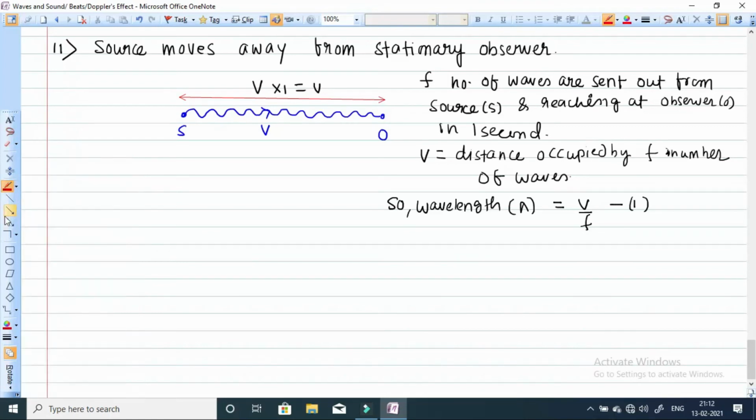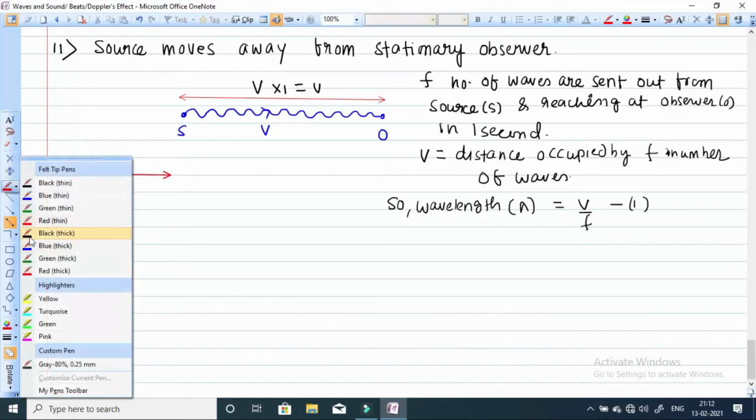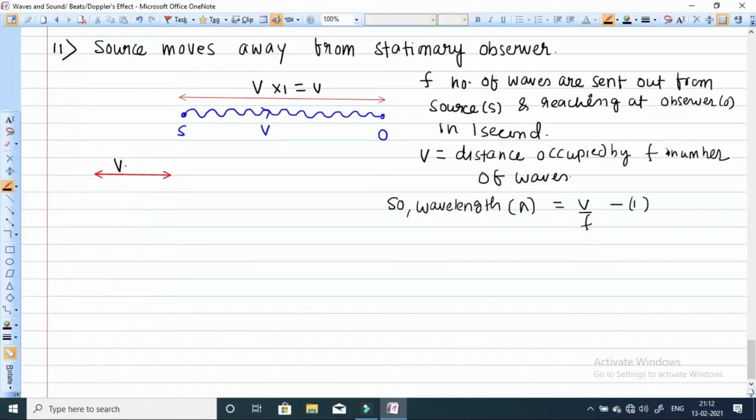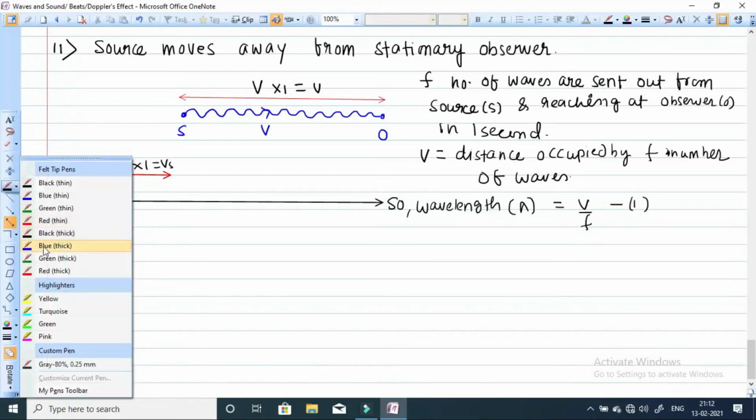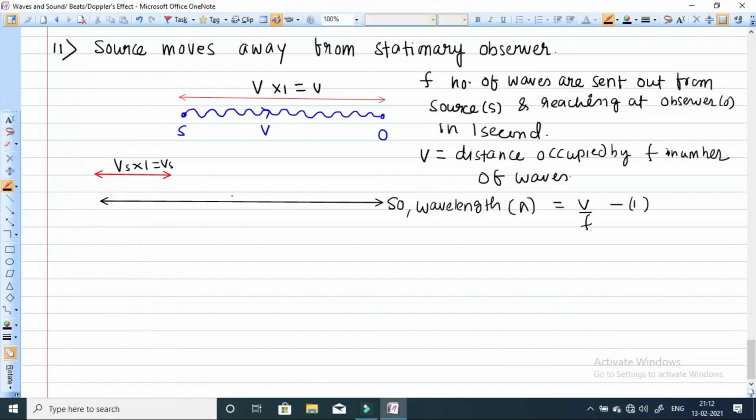In 1 second it moves away a distance Vs. Distance traveled by this source towards the left will be equal to Vs into 1, that is Vs. And now this total distance will become V plus Vs. The observer will remain at the same position, and this will be the new position of the source.